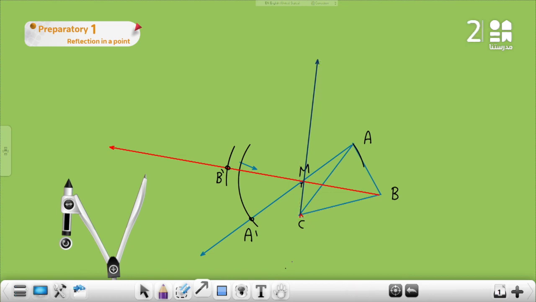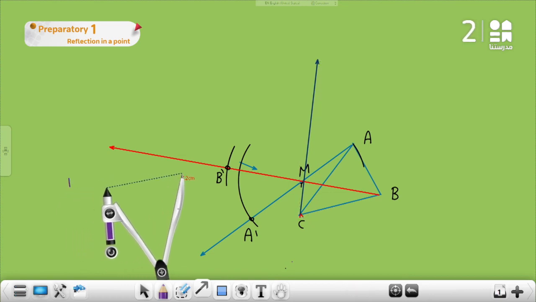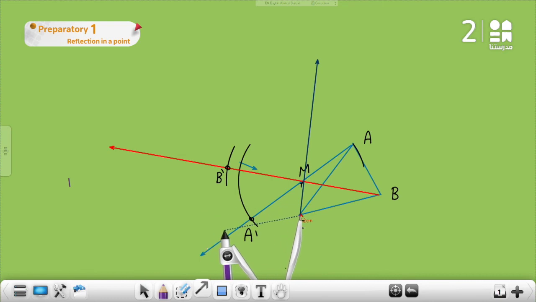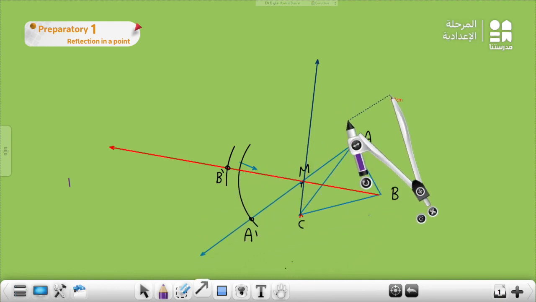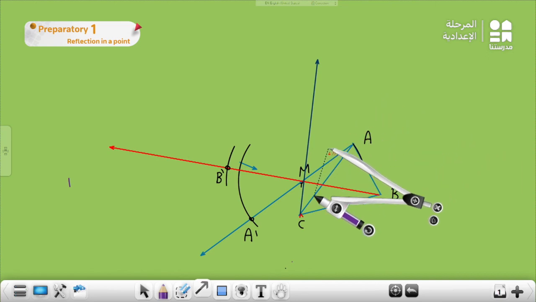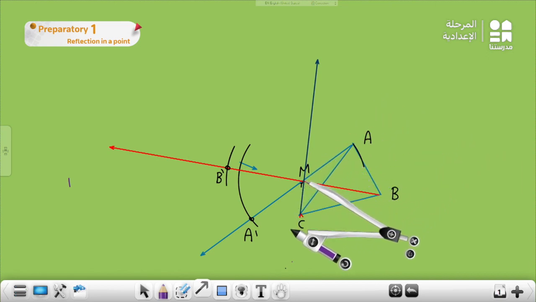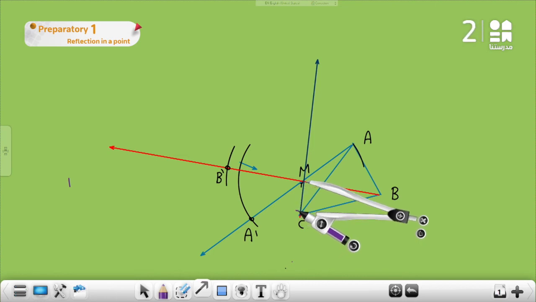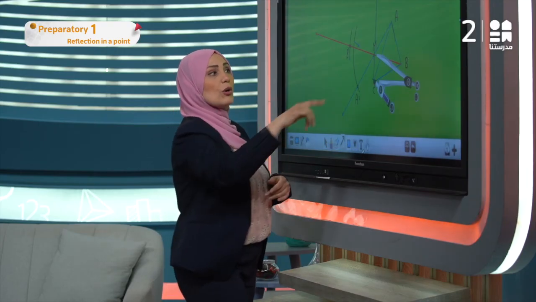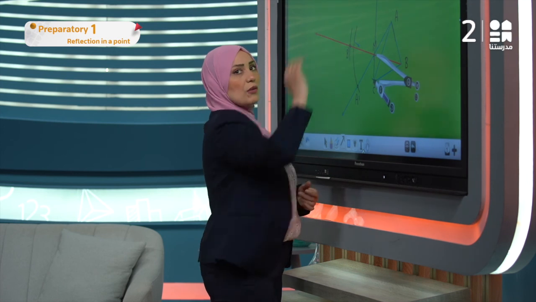Bring the compass, put the center on C, and measure the distance between C and M. Then draw an arc from M to the other side.